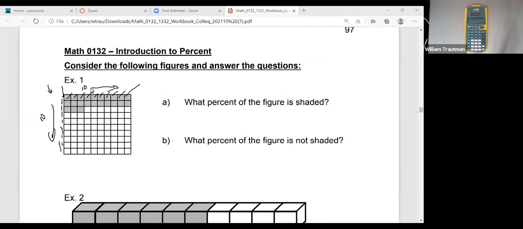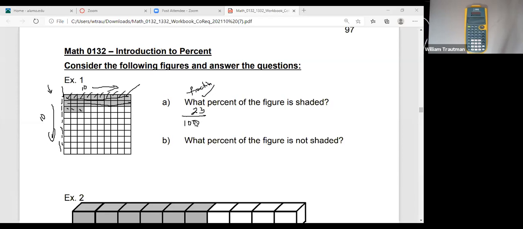So what percent is shaded? Well, we have 10 squares shaded, 10 squares shaded, and then 1, 2, 3. So 10, 10, and 3. 23 squares shaded out of 100. So this is how we would write it in fraction form.